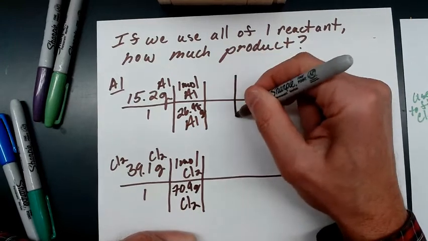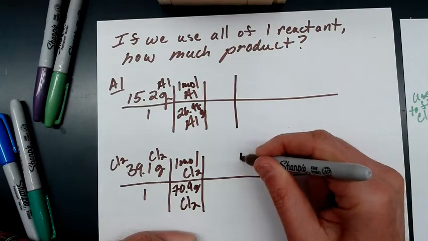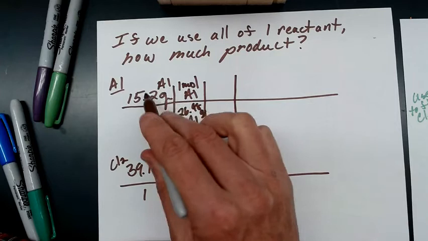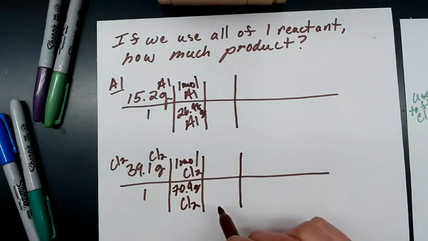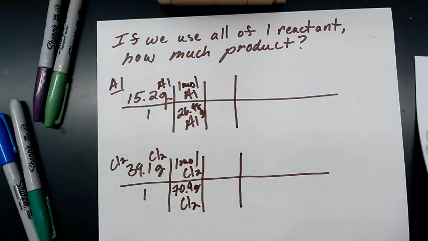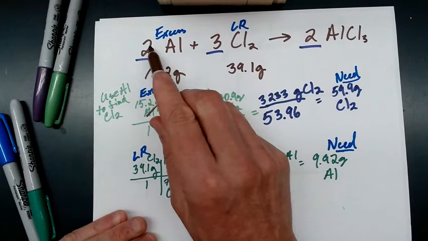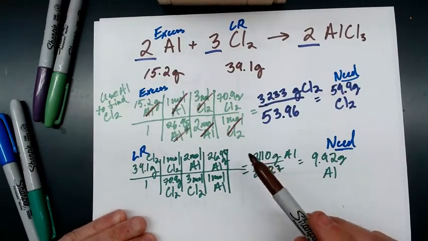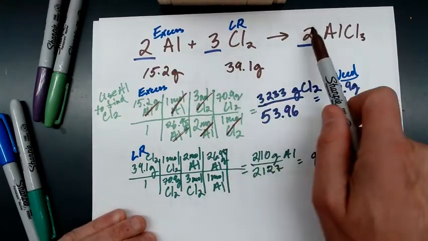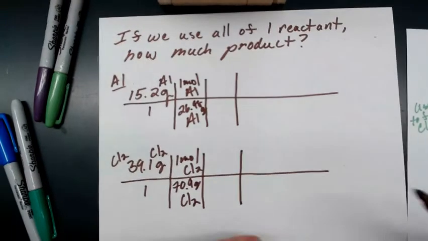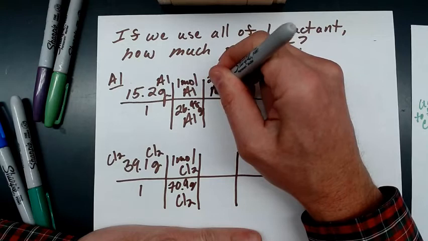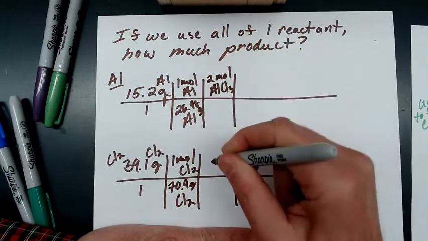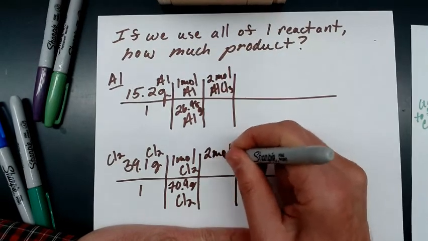Next, I'm going to use my aluminum and chlorine now in moles, and compare them to the product. When I look at my balanced reaction, aluminum is a 2-to-2 mole ratio, but chlorine is a 3-to-2 relationship. So I want 2 moles of AlCl3 on top for both of them.